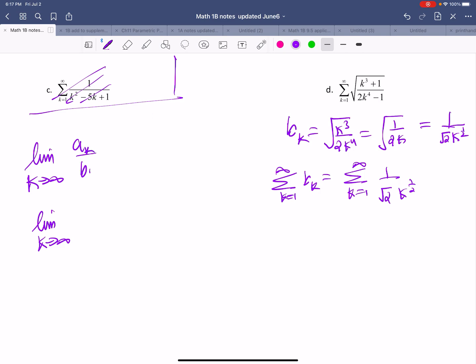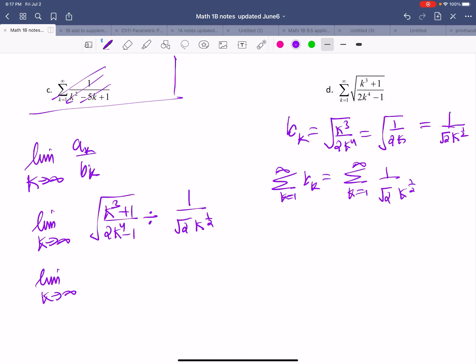Now ak is the square root of k to the third plus 1 over 2k to the fourth minus 1, and we're going to divide it by 1 over square root of k, k to the power 1 half. Okay, all we need here is a little bit of cleaning up.